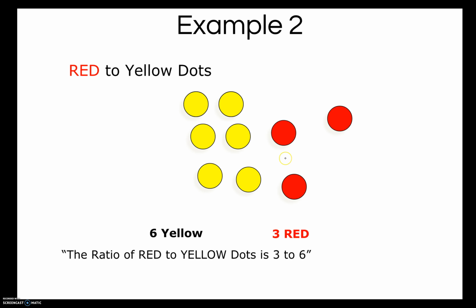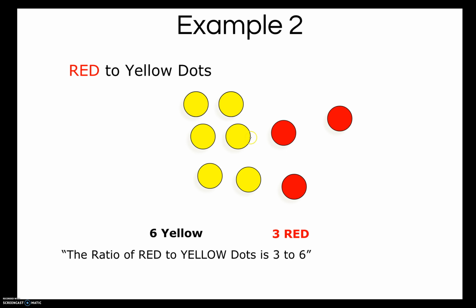Now let's look at our next example. We have red to yellow dots, and the ratio of red to yellow is going to be 6 to 3. I have 1, 2, 3, 4, 5, 6 to 3. But that could be simplified, because for every 2, I have 1 red dot.